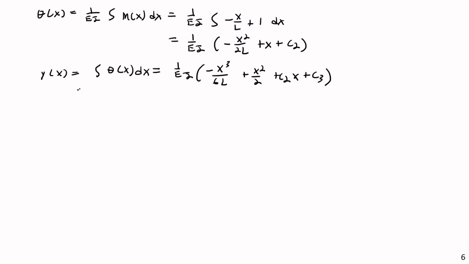And I can use the exact same boundary conditions I used last time, although it will produce different values, or at least the second one will. I do know that y at x equals 0 is going to be equal to 0. Even though the moment may not be equal to 0 there, the deflection at x equals 0 is equal to 0. Because all of these terms have an x in them except c3, that leads us to c3 equal to 0.